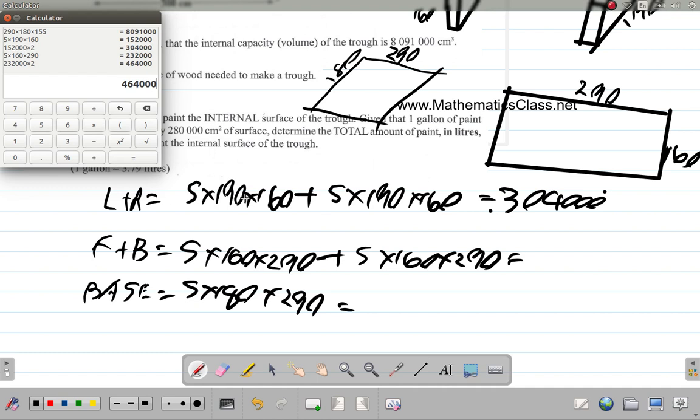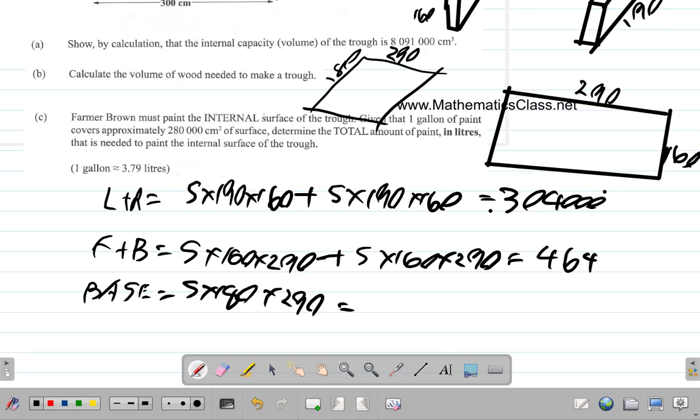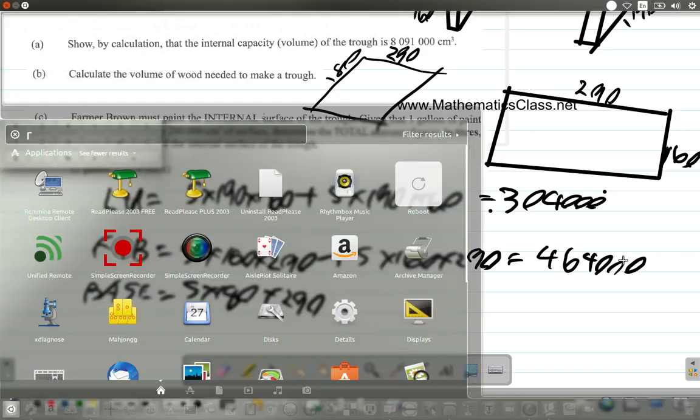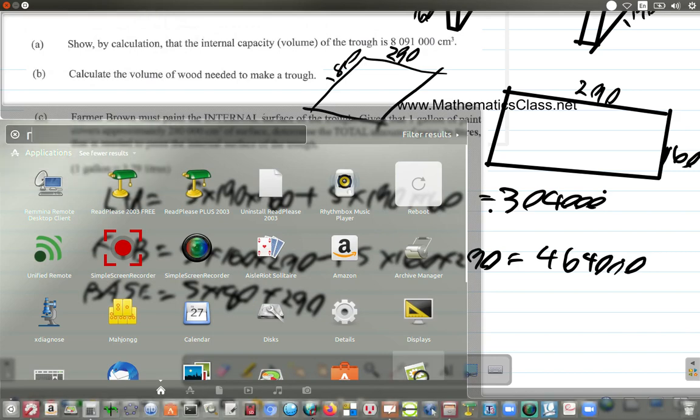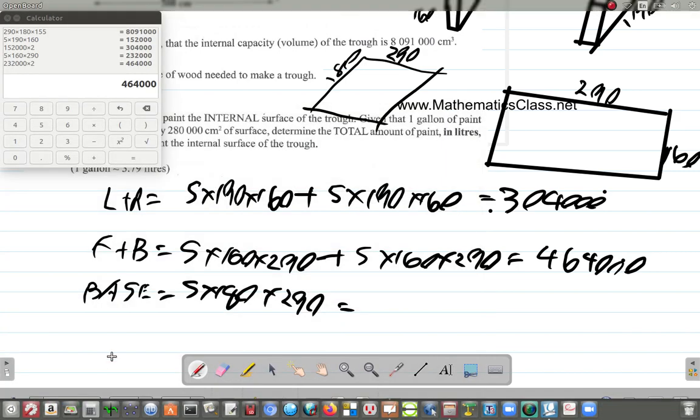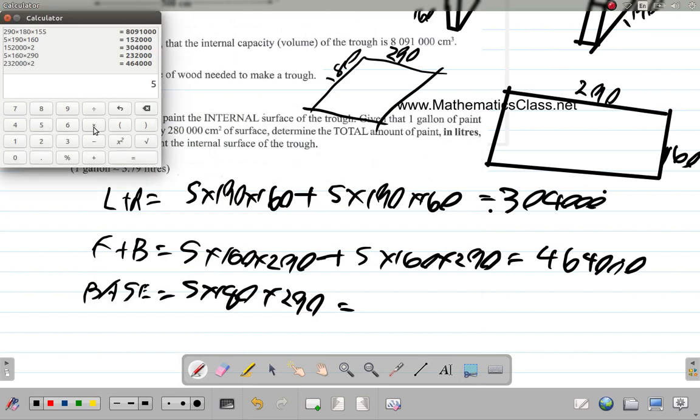You get 464,000. And then the base now, only one base, it's open at the top, we don't have a cover. You do that: 5 by 180 by 290 equals 261,000.